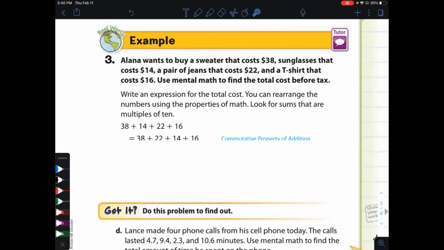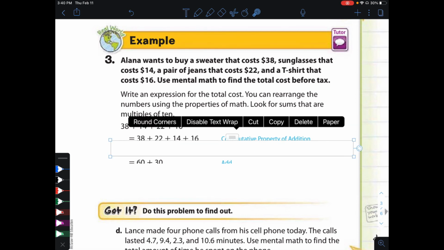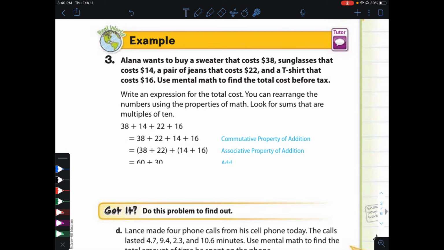Then I use the associative property right here. I group 38 plus 22, meaning I add them first, and then I group 14 plus 16, which gives me 60 plus 30 right here. And the sum is 90. So the total cost of the items is $90.